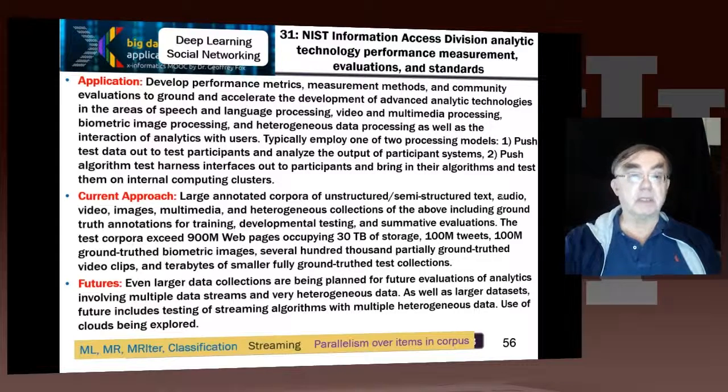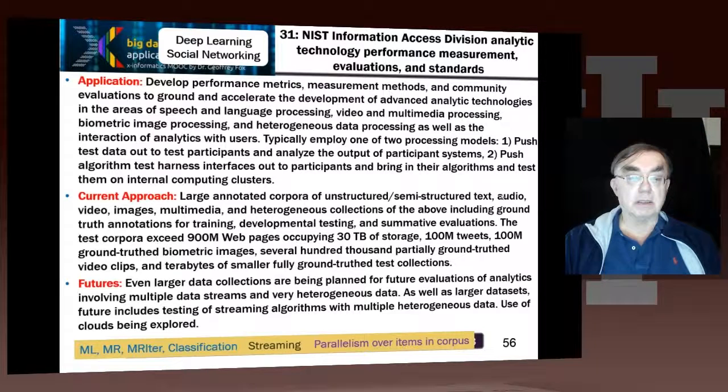Here's an interesting example from NIST. NIST is known for its very important base data sets, which have been used to benchmark and quantify the capabilities of different areas of analytics. So it's speech and language processing, video and multimedia processing, image processing, and other types of heterogeneous data processing.